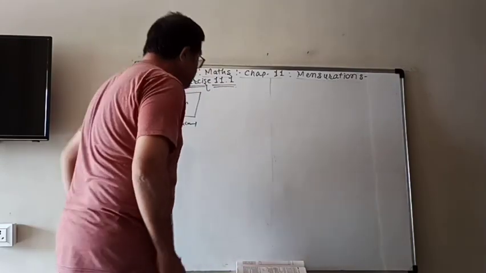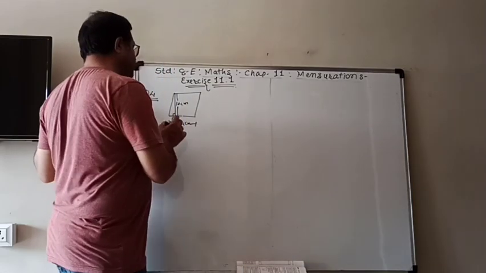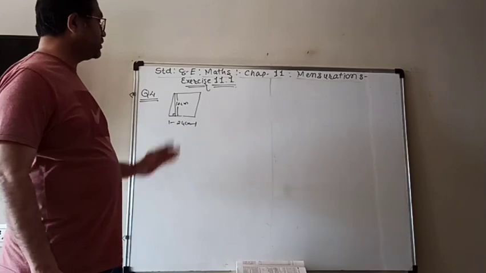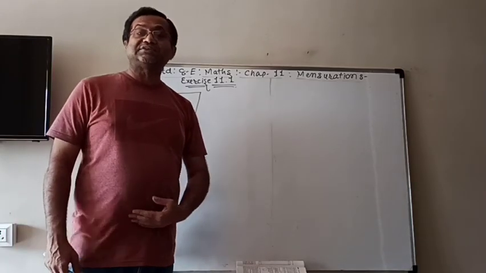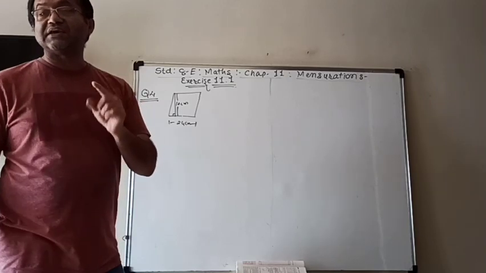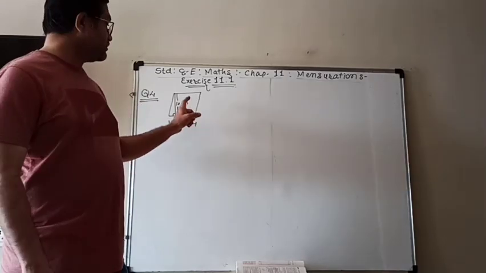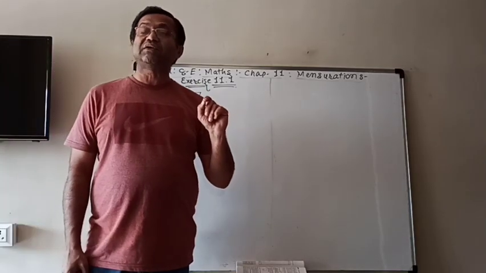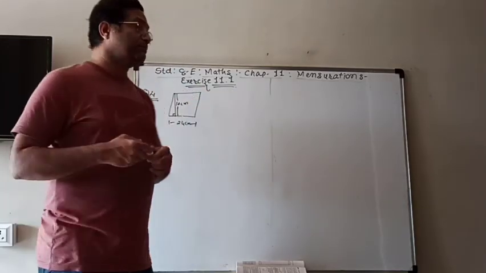Now here you have to notice properly that the base of the tile and the corresponding height are given in centimeter, but the area is given in meter square. So when we find the area of the tile, we have to convert it from centimeter to meter.